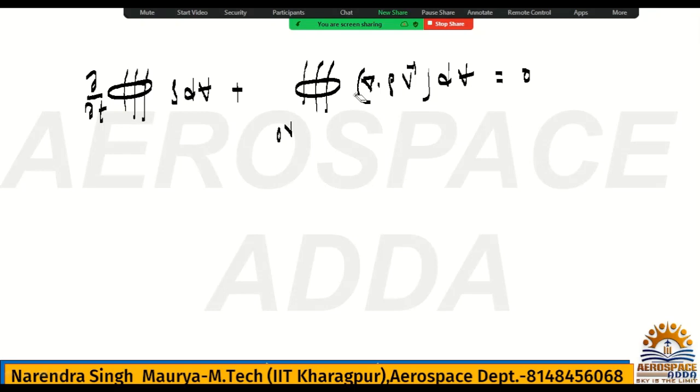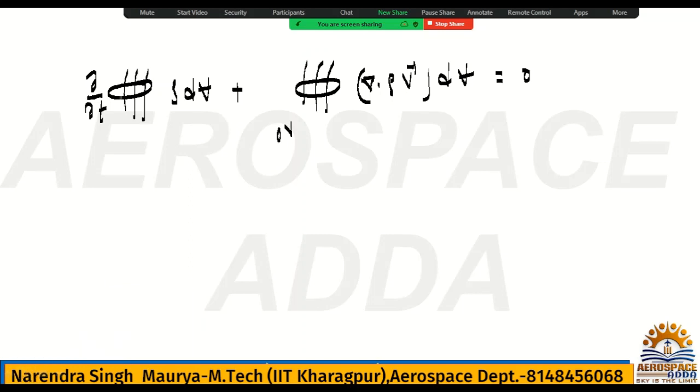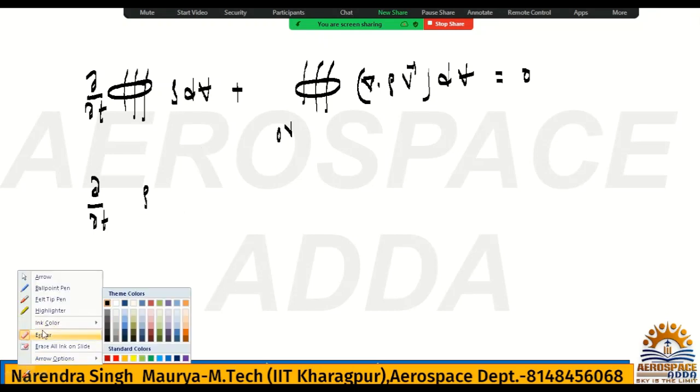Now this equation, what can you do? The triple integration is there on both sides, you can remove that. So what you will get? Dou by dou t rho, and the volume is also common on both sides, so that part you can also remove. Nothing to worry, this is the simplification I am doing.